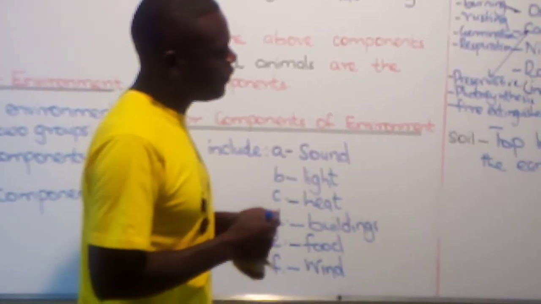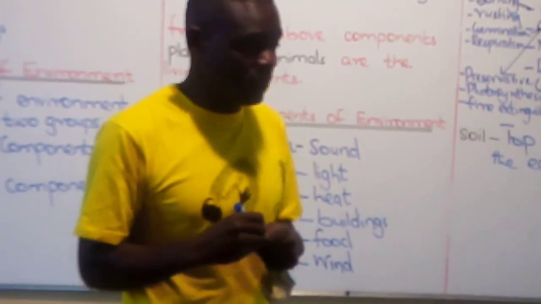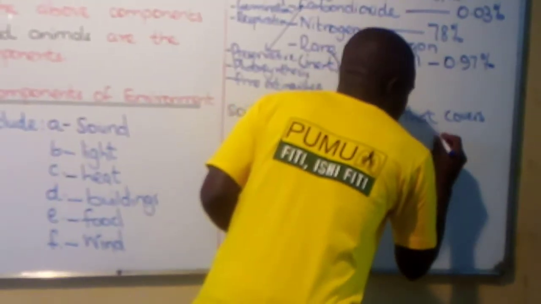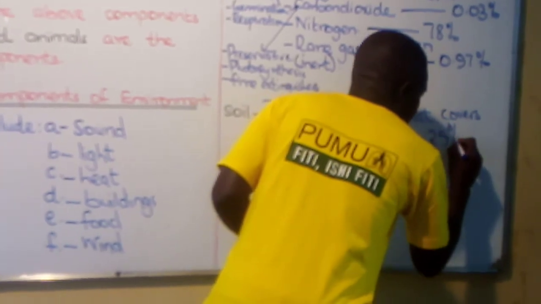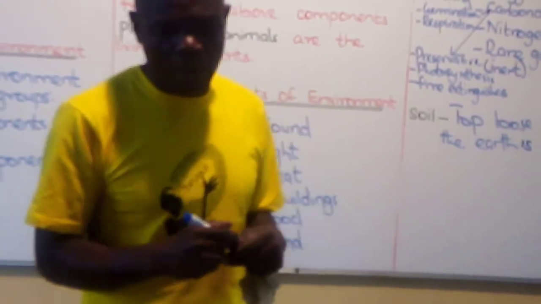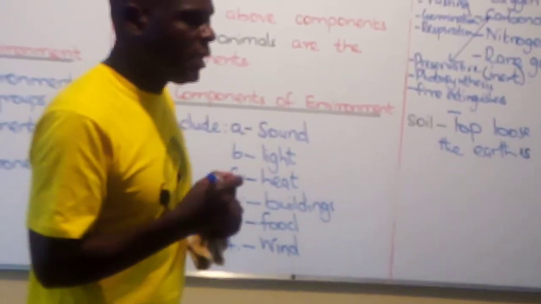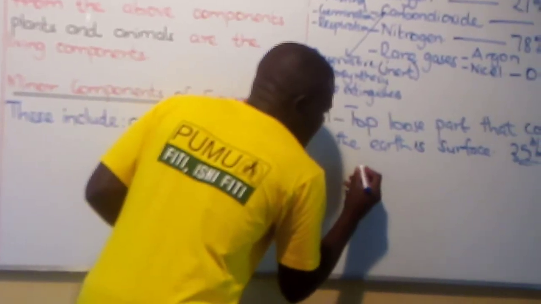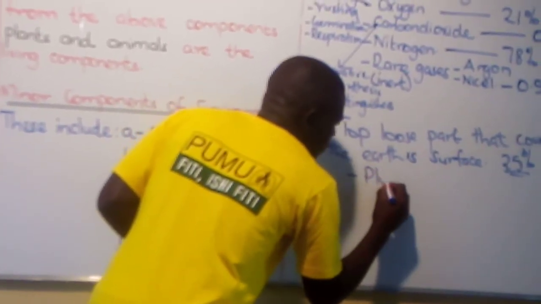Somebody said somewhere it forms 25% of the earth. 25% of the earth is covered by the soil. Soil, very, very important. Why is soil important? Plants grow.